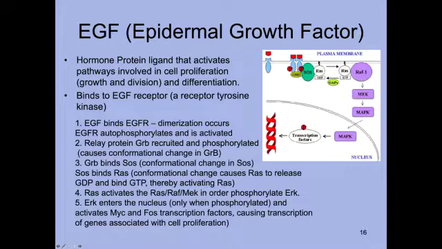Over here on the left, this is just the list of actions that occur in this kinase cascade. One thing I want you to notice here is what's called the RAS-RAF-MEK pathway over here.